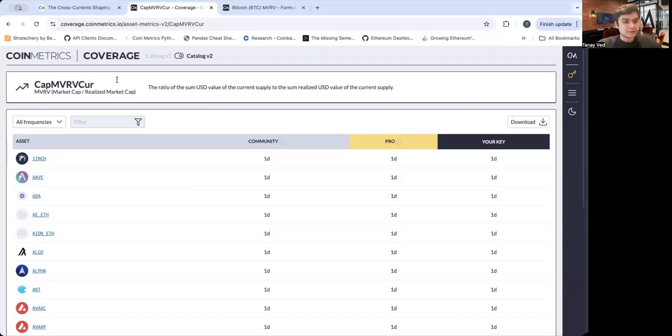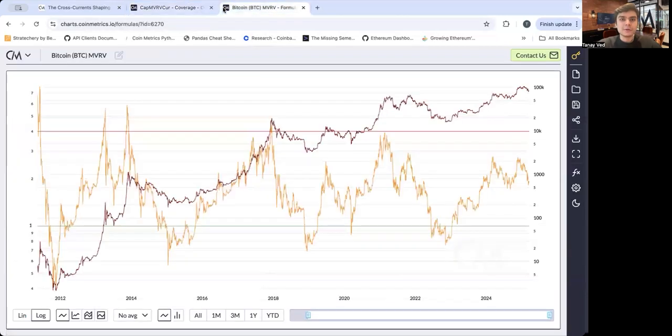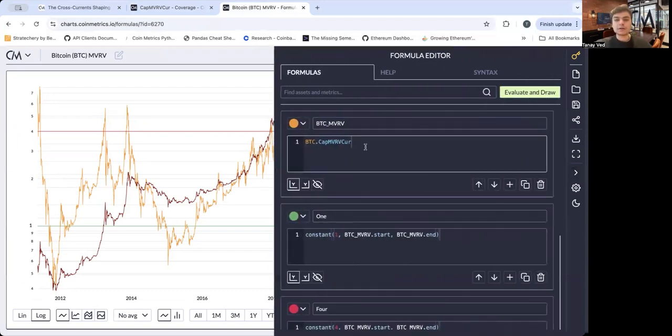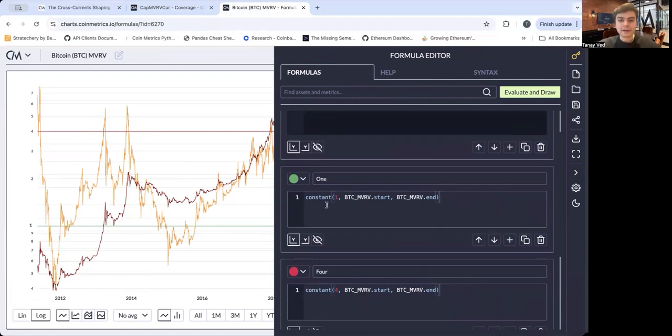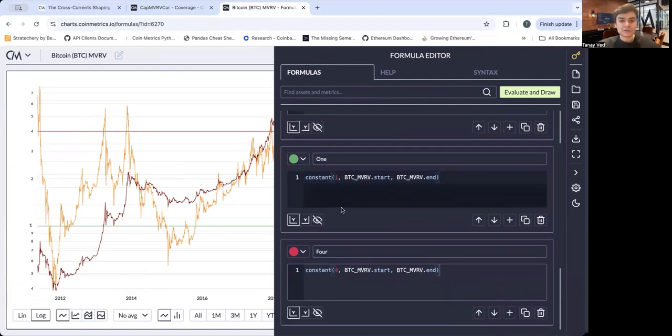We can put this metric to use through our formula builder tool, which essentially brings these metrics to life. Just to show you what we're plotting, we can open up this formula window, and the orange line here is Bitcoin's MVRV using the current supply metric. We're also able to add constant lines at levels 1 and 4, which have historically indicated undervaluation or overvaluation for Bitcoin.